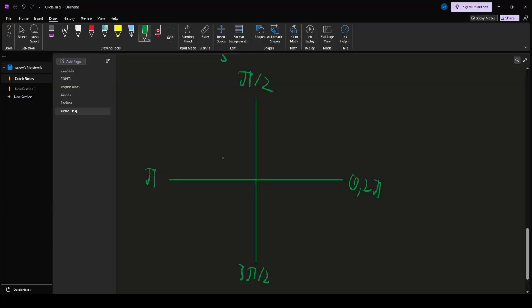When you have a point on the axes, one of the values will be 0, either the x or y. So on here, your x will be 0, and your y will be positive. This will be, your x will be 0, negative y. Here, you'll have a negative x and a 0 for the y, and you'll have an x and y here.